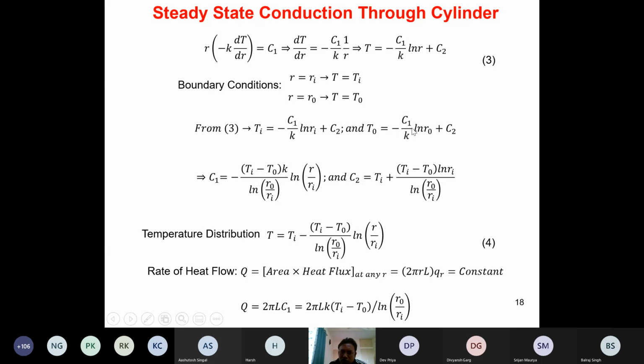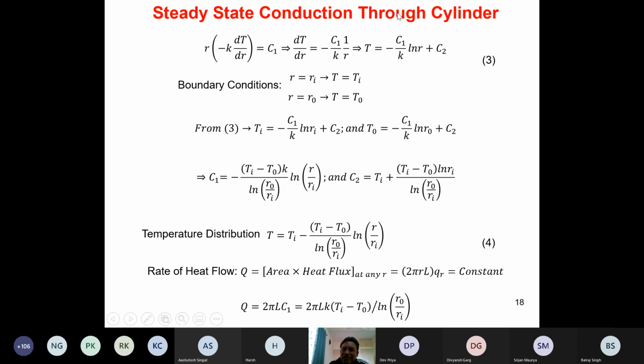Again, we can subtract both these equations. By subtracting both these equations, the C2 will get cancelled out, and we can get C1. So C1 can be obtained as minus (Ti minus T0) K divided by ln R0 by Ri. So this is the value of constant C1 we are going to get by mathematical substitution of these two equations.